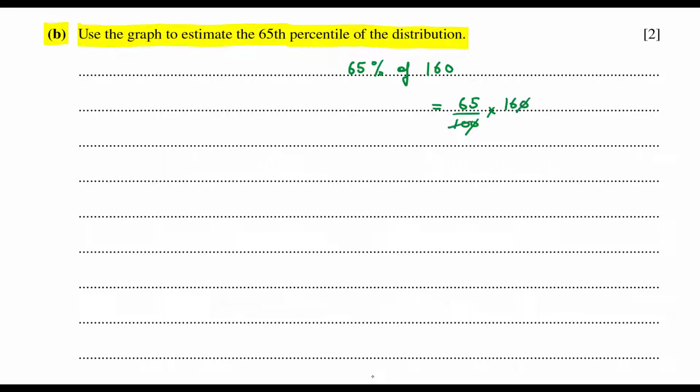This gets cancelled: 5 2s are 10, 5 13s are 65, 2 1s are 2, 1 8 is 8, and 13 into 8 is 104.